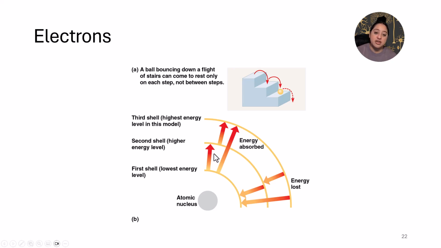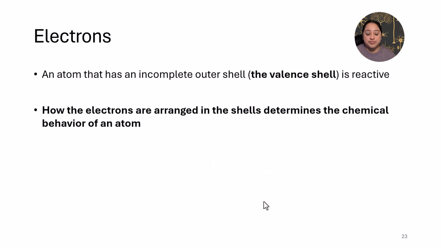If it doesn't have the maximum number of electrons there, it wants to interact with other stuff and fill that shell. So whichever one is the outermost shell of this atom is the valence shell. If the shell is incomplete, then it's pretty reactive. And so how the electrons are arranged in the shells determines the chemical behavior of an atom.